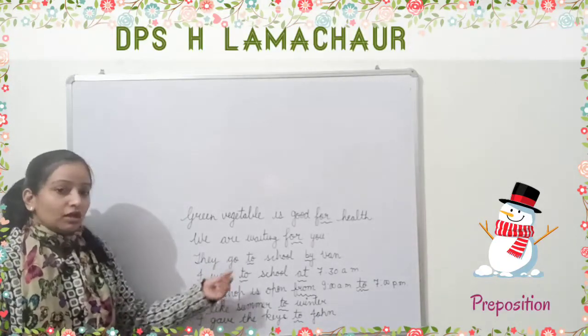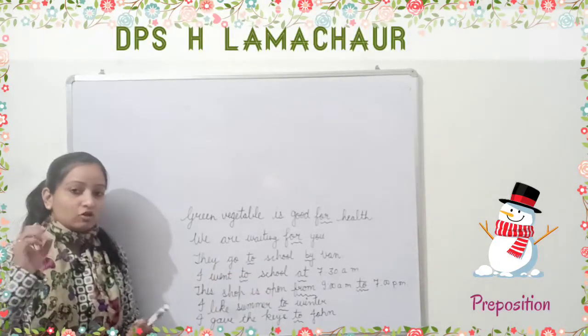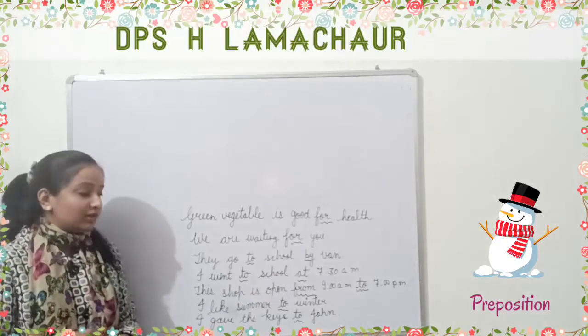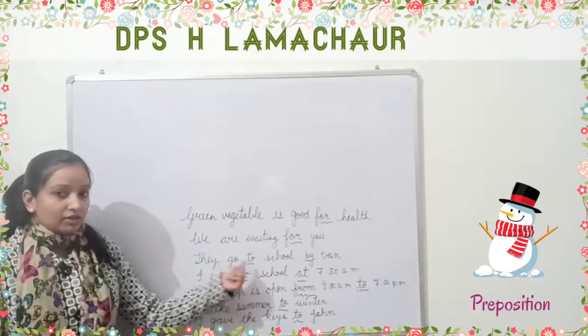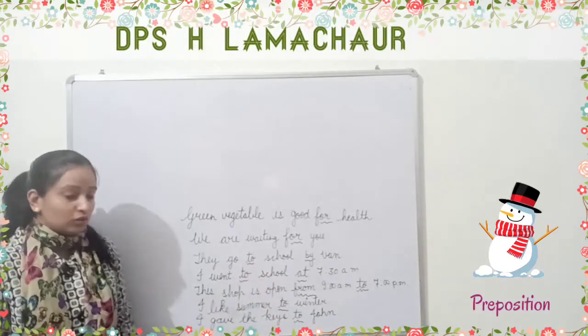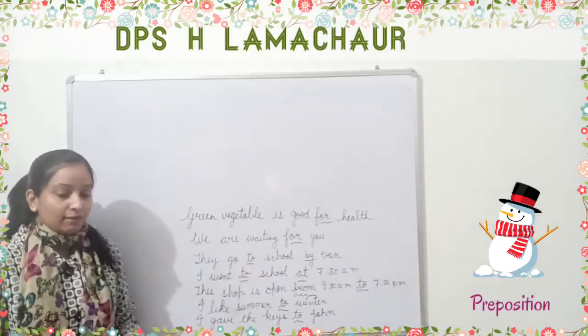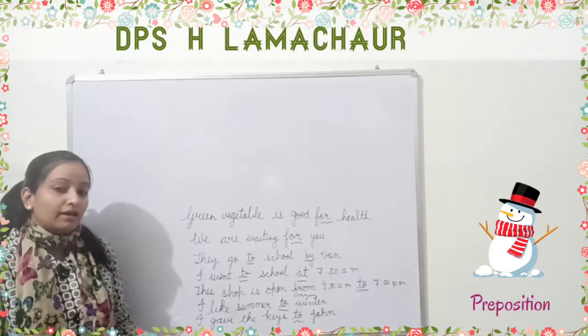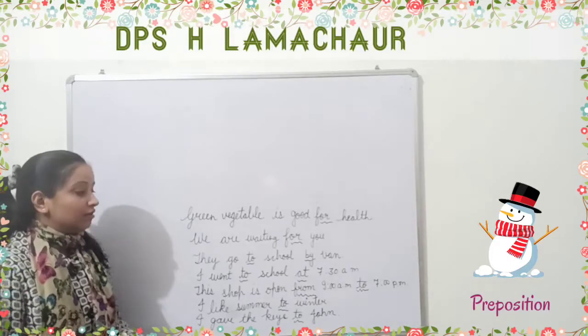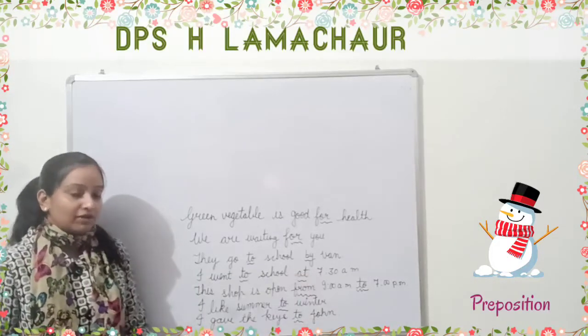So when do we use to? When we are talking about movement with a destination. Where are they going? They go to school. By when, like who did it and by whom it has been done, by which thing it has been done. For that we use by.